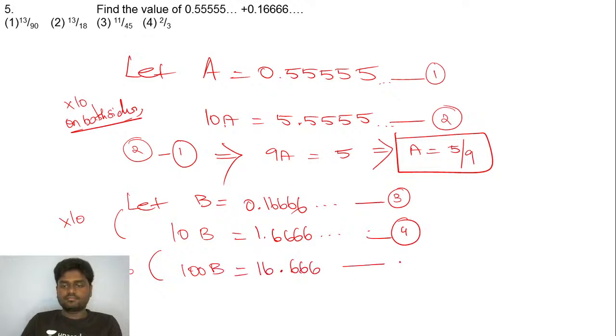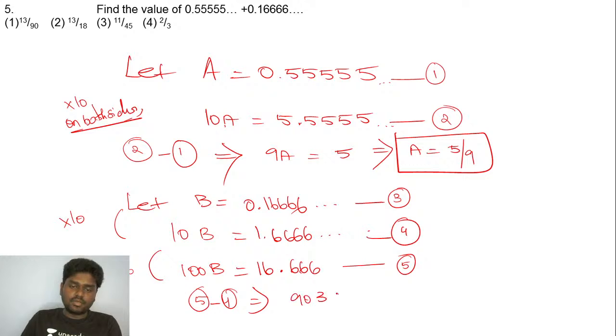This is going to be 5. So if I do 5 minus 4, 100 minus 10 will give me 90B is equal to, the 6 gets cancelled, and 16 minus 1 will give me 15. So can I say B is equal to 15 by 90, which is nothing but 1 by 6.